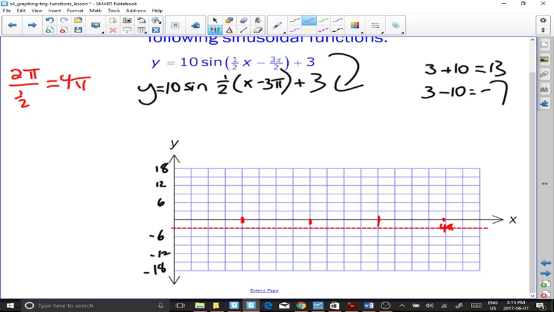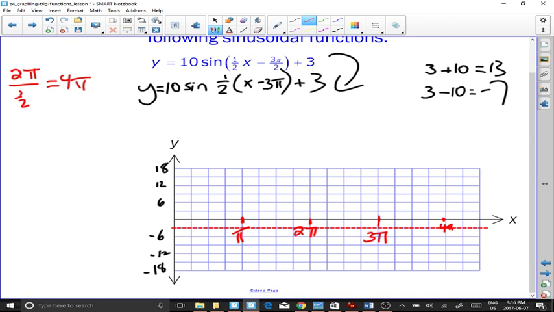How many pi are here where my pointer is pointing? That's 2 pi. And here? 1 pi. And here? 3 pi. 1 pi is a quarter of 4 pi, 2 pi is half of 4 pi, and 3 pi is 3/4 of 4 pi. So that's how we get those numbers.